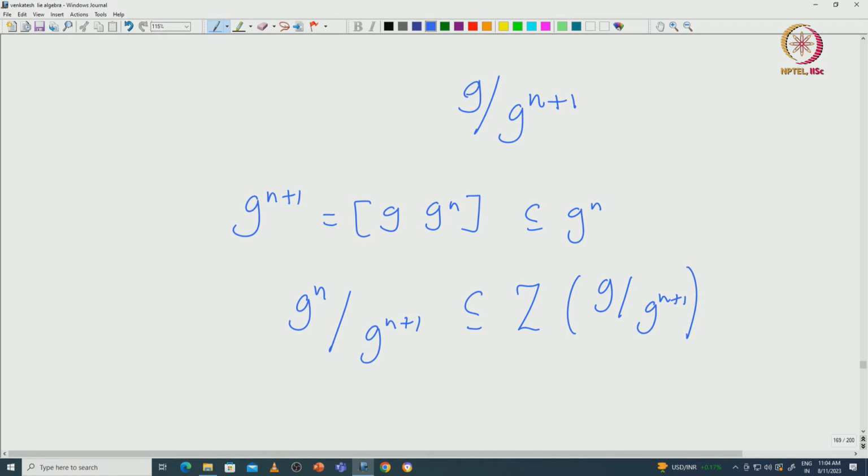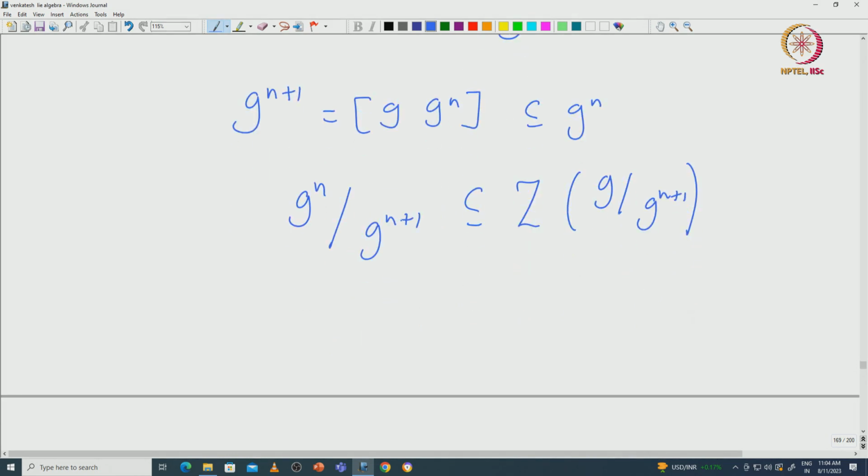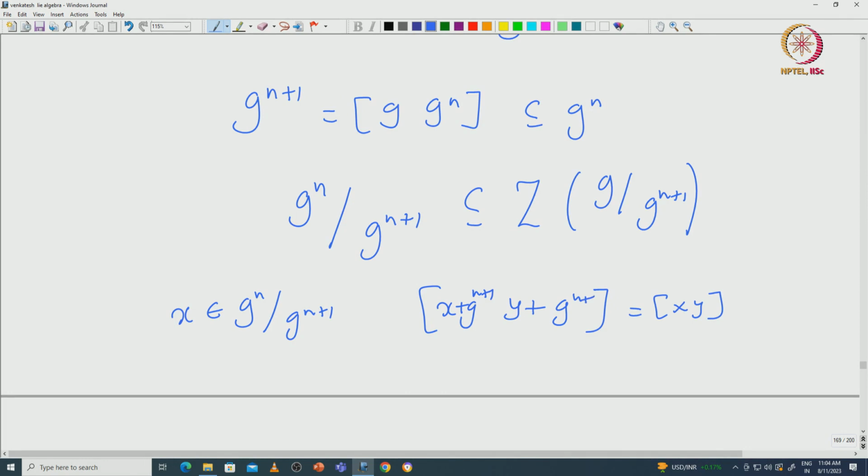Okay. Because if we take any element from the left hand side, g^n modulo g^(n+1), then it is easy to see if you compute the commutator of x with any y plus g^n.